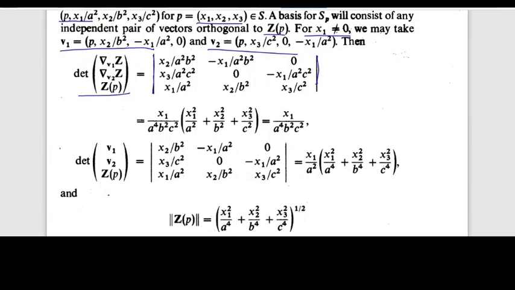So first we find what is del v1 z. Okay, so we have del v1 z equal to p (del v1 z1, del v1 z2, del v1 z3).